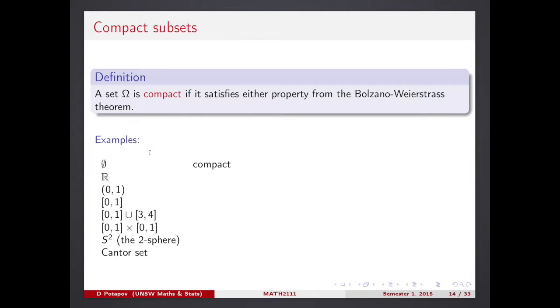But this slide more or less uses what we know about closed and open subsets. For instance, the empty set is compact because you can test it by the first part of the Bolzano Weierstrass, because it is closed and bounded, right? It is closed because its complement is open, its complement is the real line.